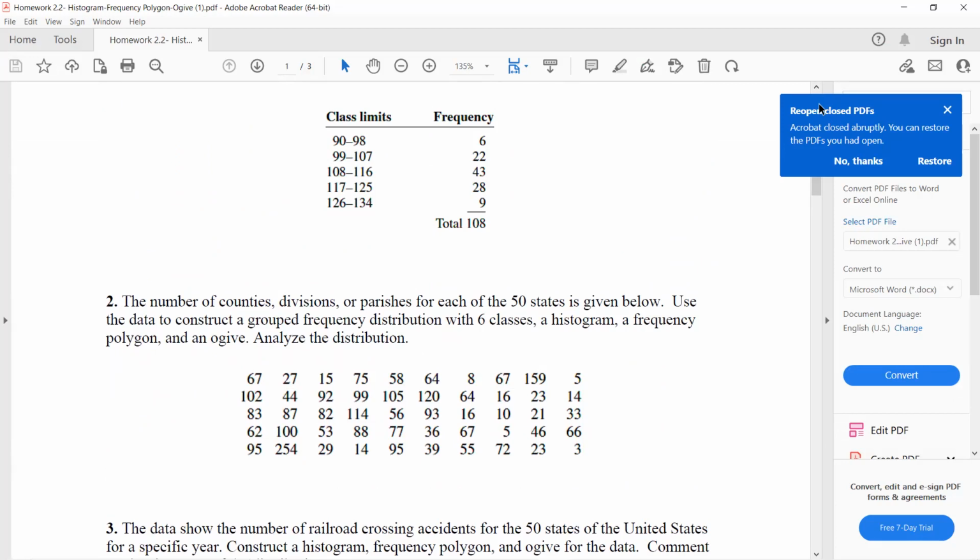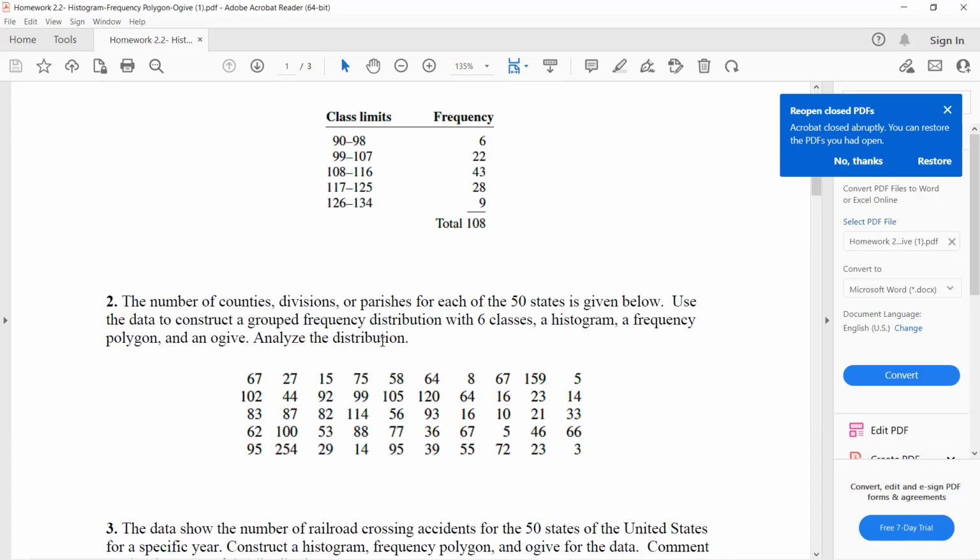So here you'll have to find the distribution, like get a distribution that looks something like number 1 first, and then do the steps for the frequency polygon, the counties, the divisions, or the parishes of the 50 states given. You'll have to get the distribution before you can. Let me see if I can verify that while you're working on it.